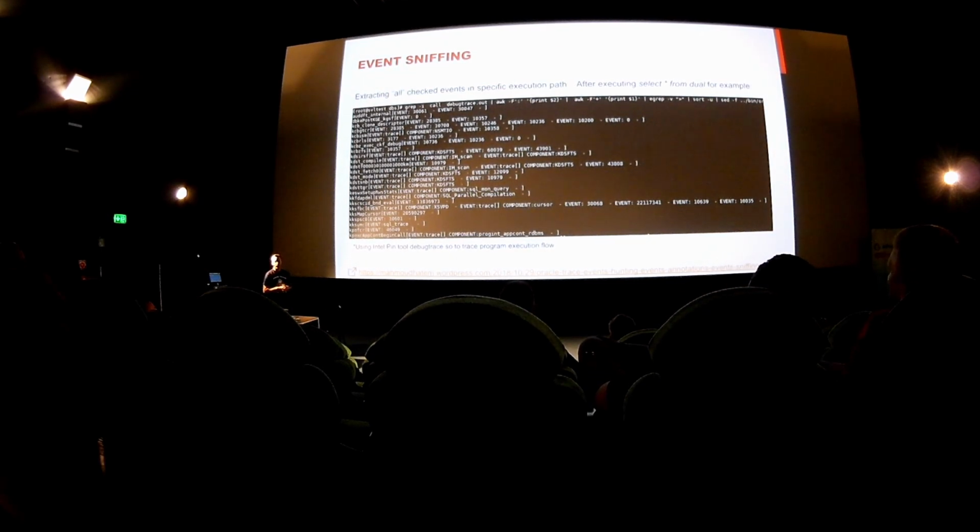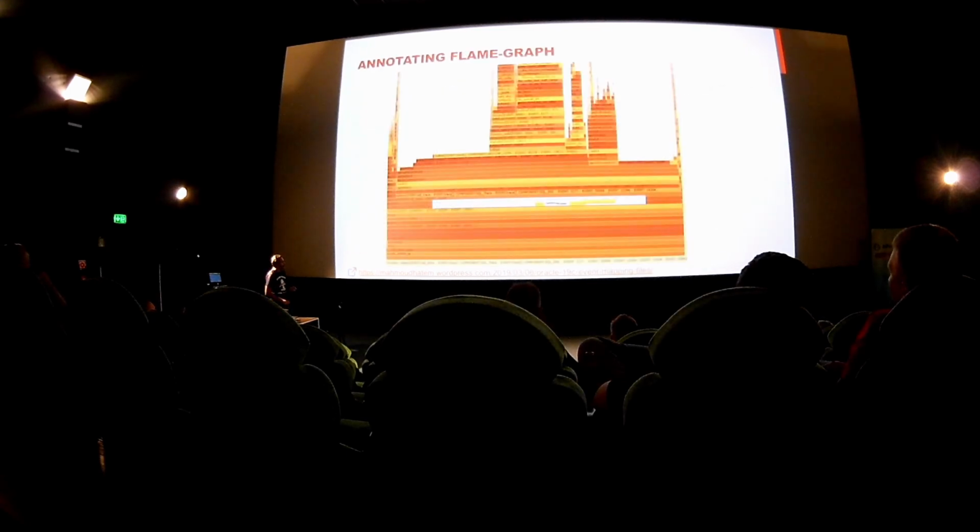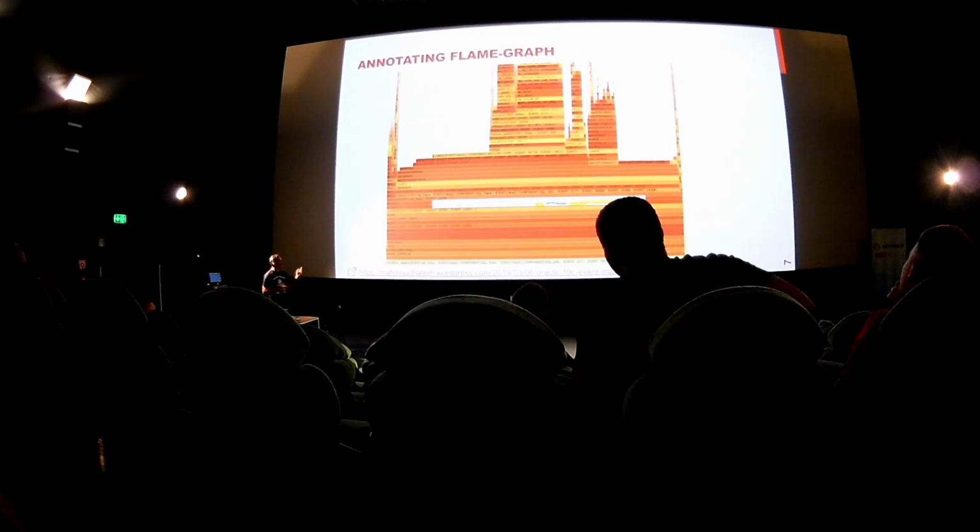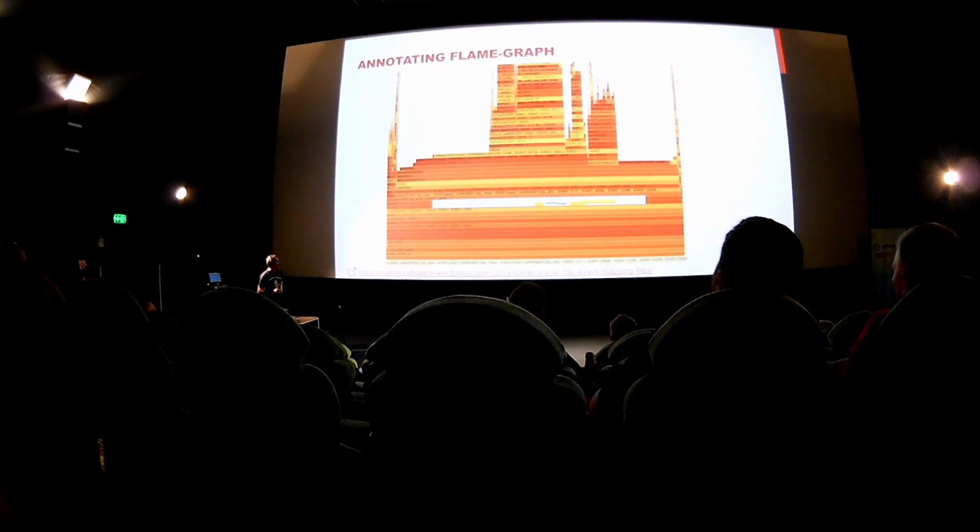For example, whenever you execute any statement, select from dual or any statement you want, it can display all the events checked in this execution path. Or if we want to focus only on the hot code path, we can build a flame graph, annotated with the actual event checked in every kernel function. So we can quickly know if there is some diagnostic event that you can use to dig deeper inside this function.